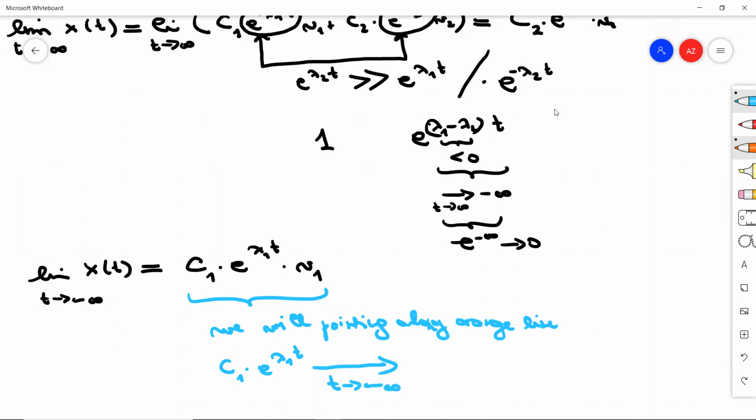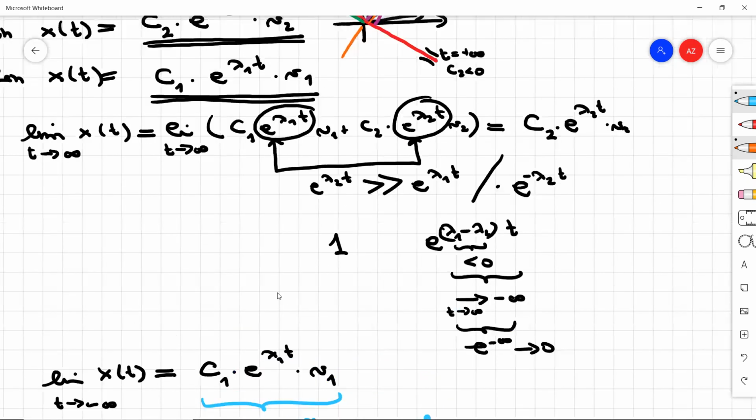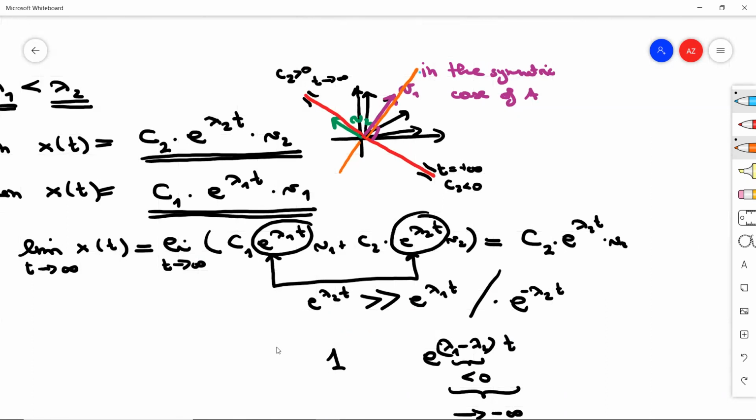Since lambda 1 is positive, lambda 1t will go to minus infinity. So this will in fact be very small. So this will go to 0. So the length will go to 0, which means that we will really point in the direction of this vector V1, but the length will be 0, which means that we will be somewhere here.